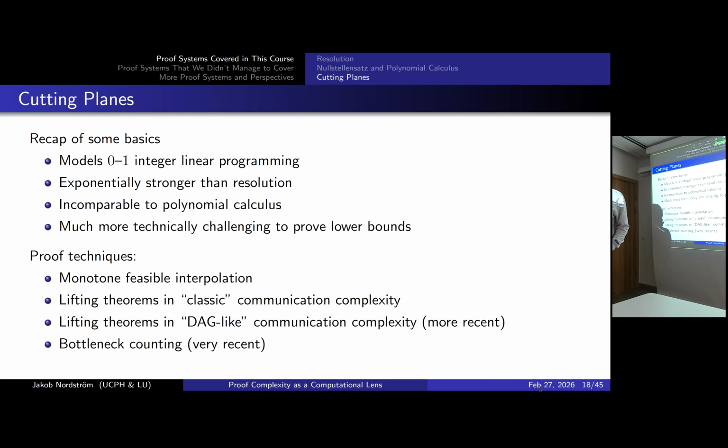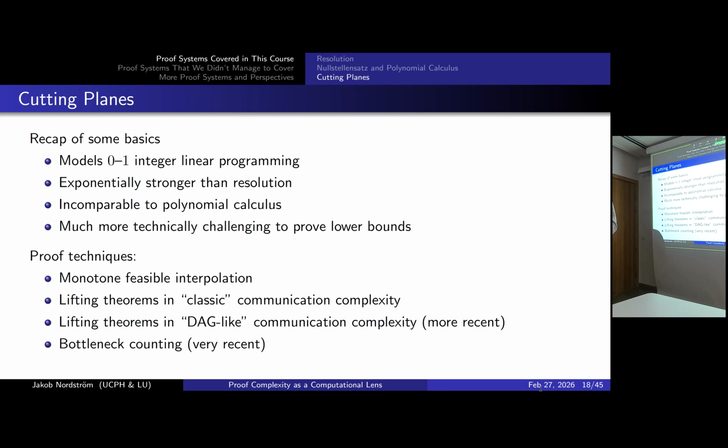The proof technique that we saw was monotone feasible interpolation. For a very long time, that was pretty much the only game in town. So recently, you can get some results. In particular, you can get tree-like lower bounds. And as we saw, you can also get trade-offs from lifting theorems in classic communication complexity.